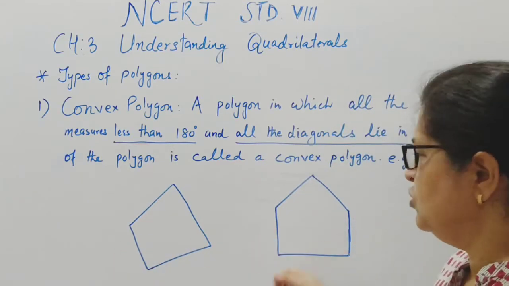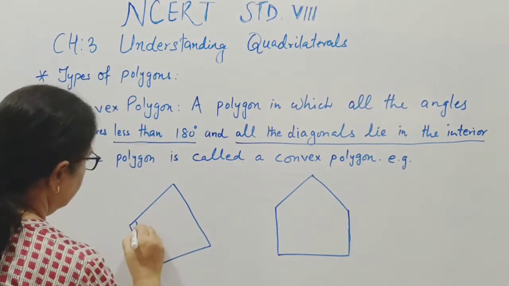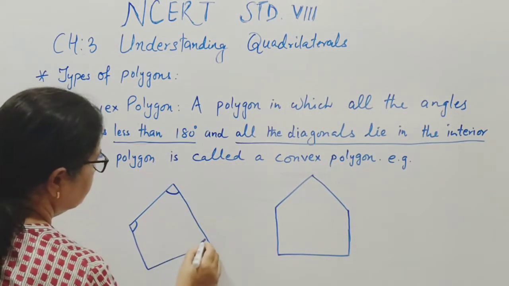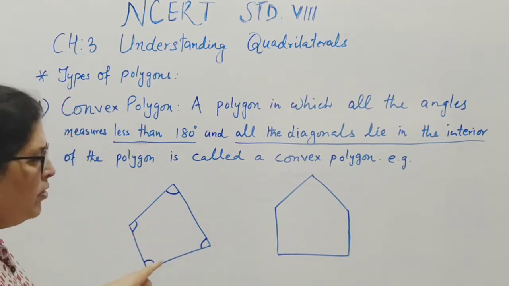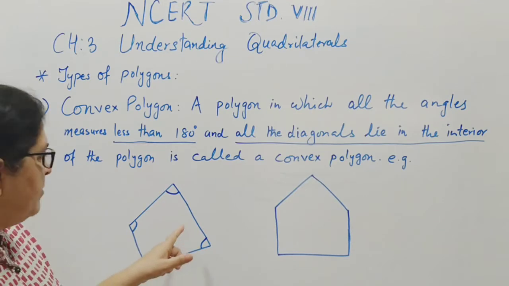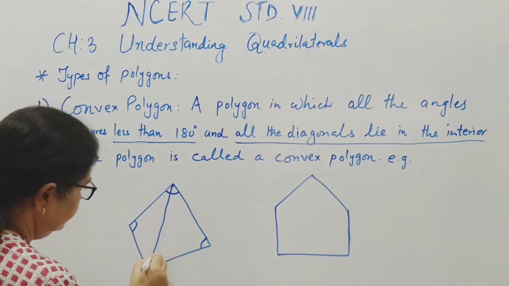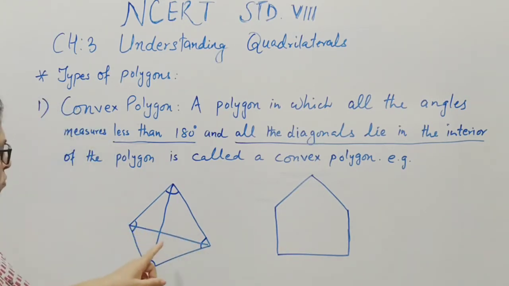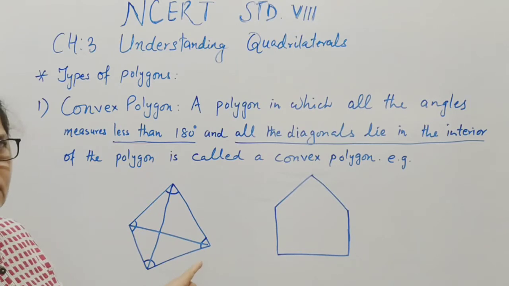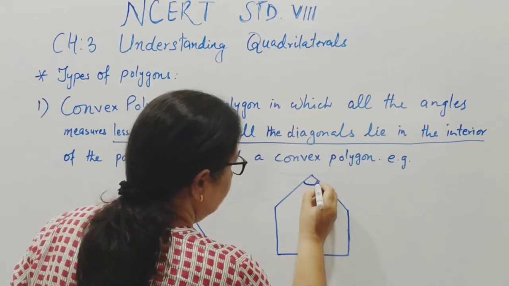Here we have two polygons. Let us check. In this polygon, all the angles are measuring less than 180 degree. Now we'll check the diagonals. Both the diagonals are in the interior of the polygon. Now we'll check for this polygon.